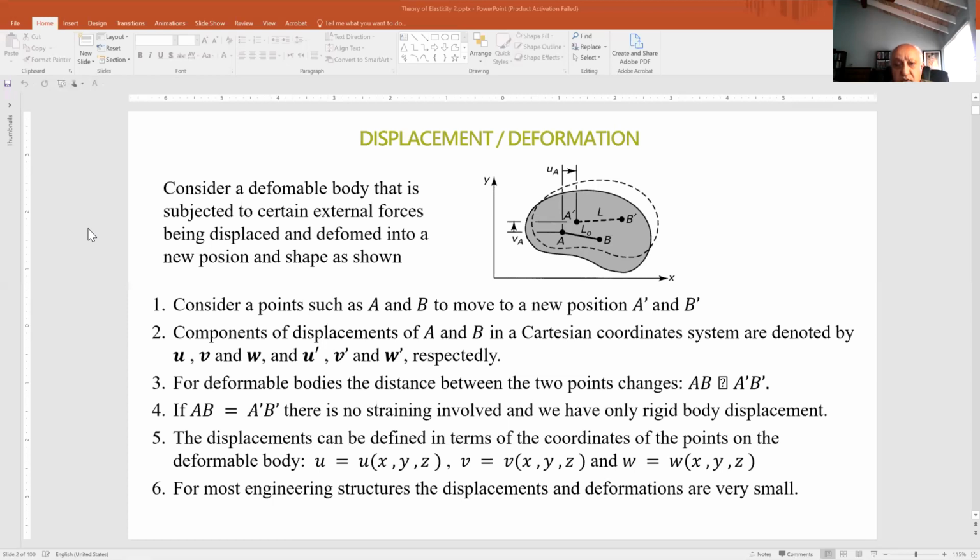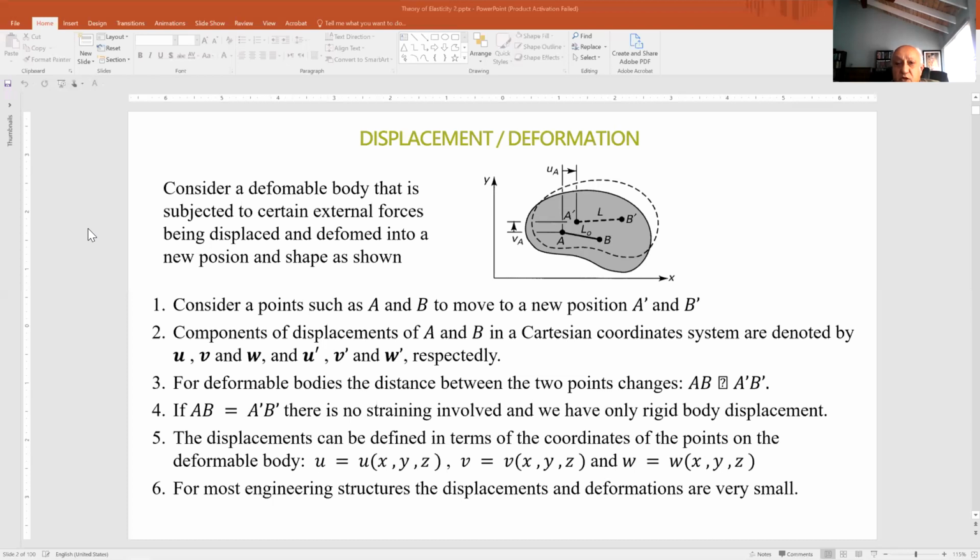Although there are specific problems and specific designs that deal with non-small displacement, where displacement is large. An example of that would be a very thin plate that you load laterally, and the displacement there compared to the thickness of the thin plate is not negligible.